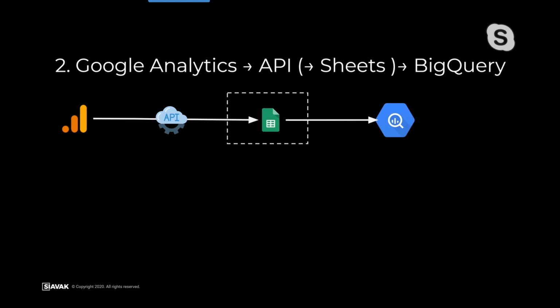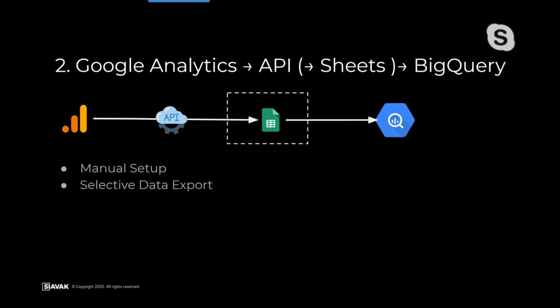The second method for the users of free Google Analytics is to use the Google Analytics API and optionally send data first to a Google Sheet, and then from within the Google Sheet use Google Apps Script to stream it to BigQuery.